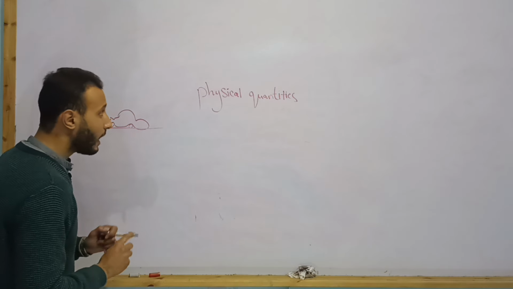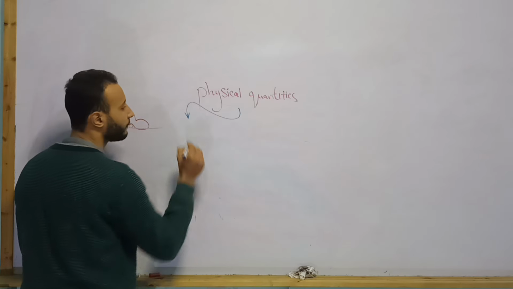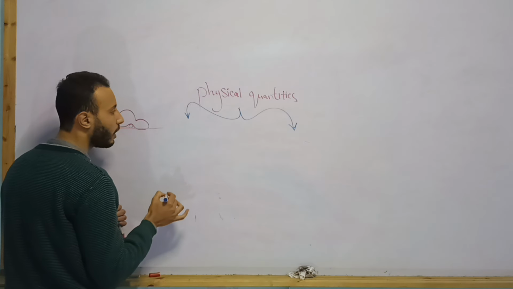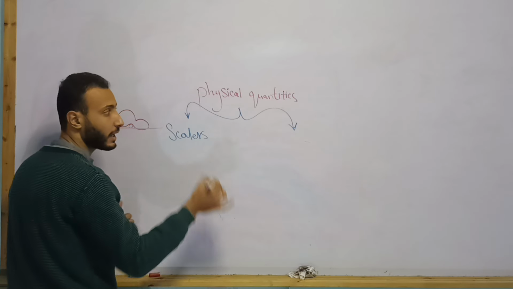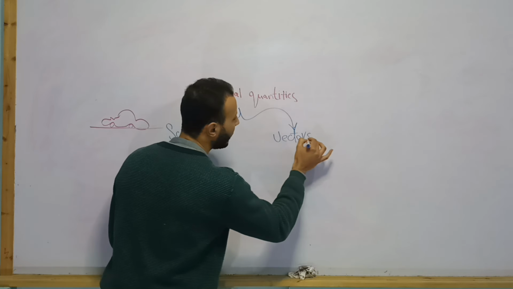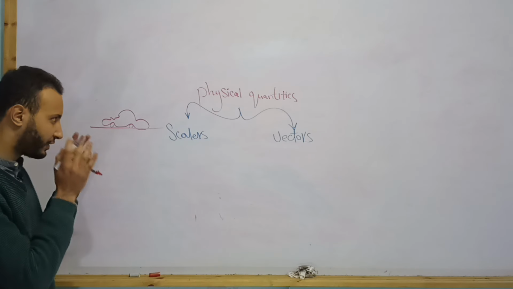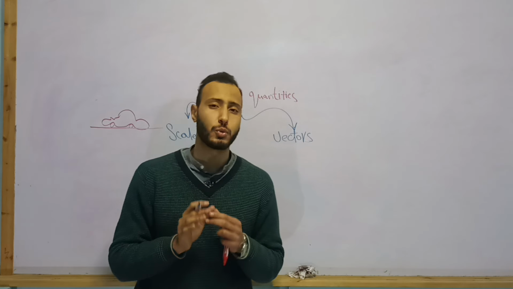Okay, and as you know before, we divided these physical quantities into 2 types. The first type was scalar. The second one is vectors. And I know that you know this comparison very well, because you have studied this comparison before in quarter 1.